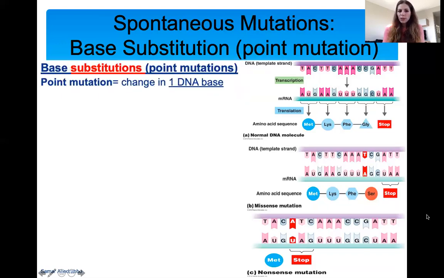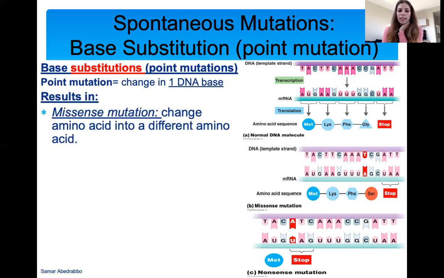So for point mutations, it's a change in just one DNA base, and it results in either missense mutations. So remember that after we do transcription during protein synthesis, once you have your RNA molecule, the 3 bases are in what we call codons, and you are going to translate those codons to amino acids.